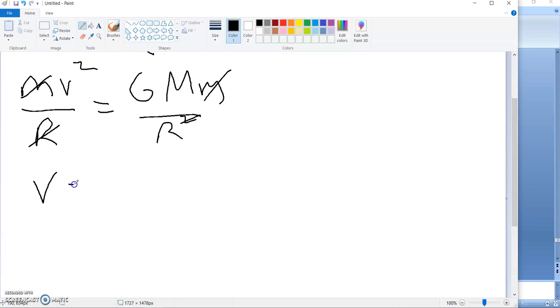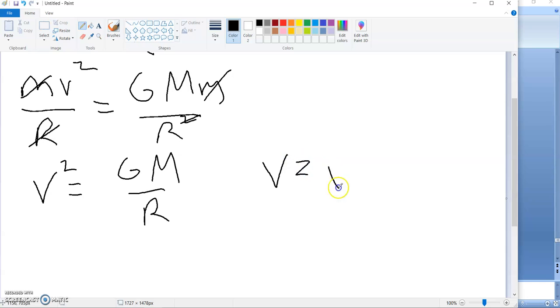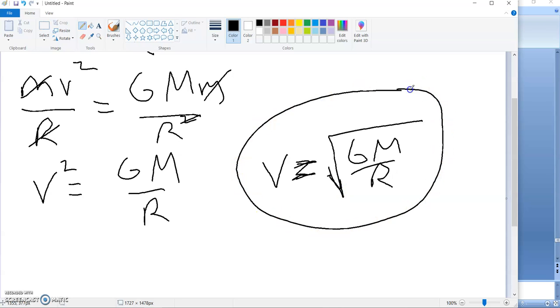We're going to continue on with this derivation, but if you take the square root of both sides, you get v equals the square root of G M over r. The whole thing's under the radical there. That's a useful equation for any planet or any body in orbit of any other body, really.